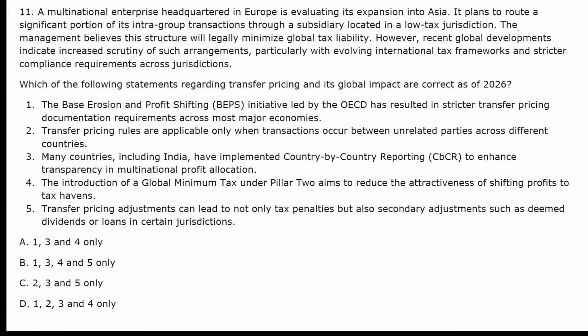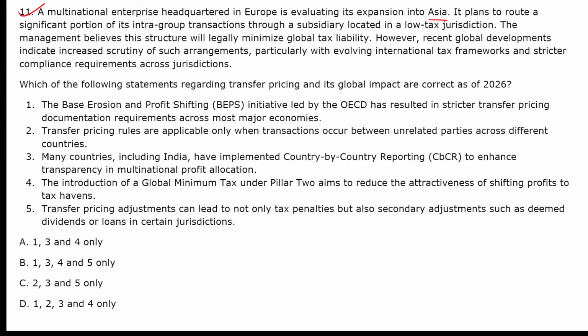Next. A multinational enterprise headquartered in Europe is evaluating its expansion into Asia. It plans to route a significant portion of its intra-group transactions through a subsidiary located in a low-tax jurisdiction. The management believes the structure will legally minimize global tax.